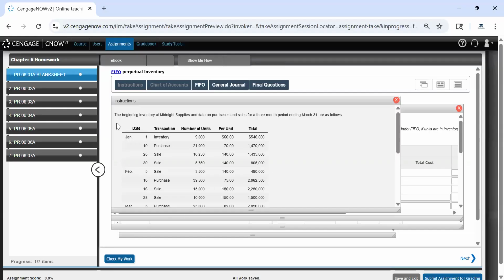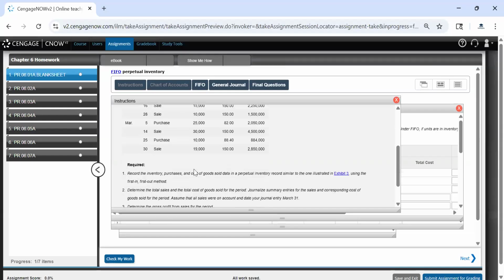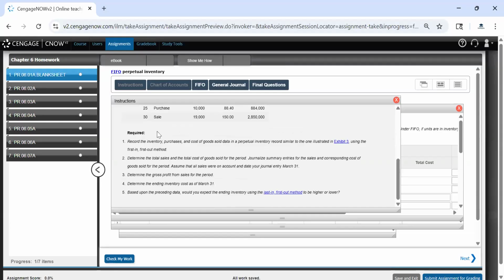As you can see here, we're given a beginning inventory balance and a list of purchases and sales made throughout the period of 3 months. And we are going to record the inventory purchases and the cost of goods sold data.